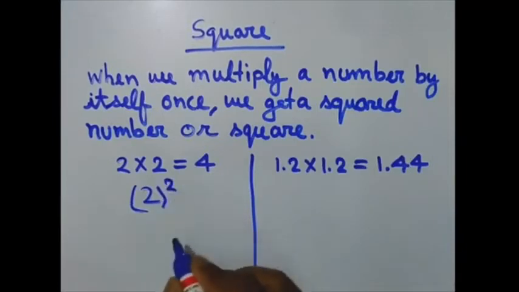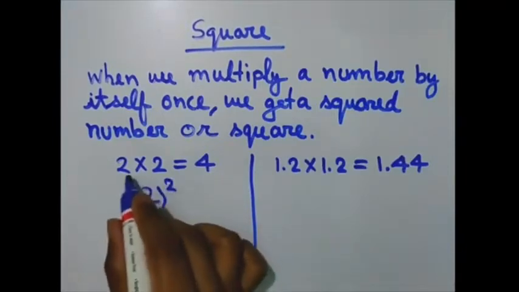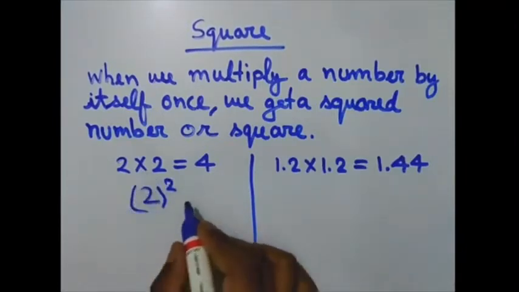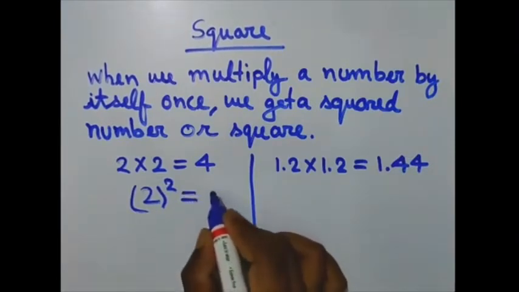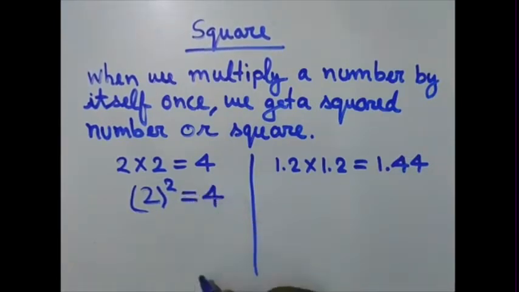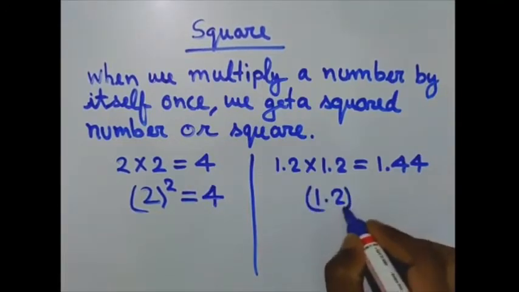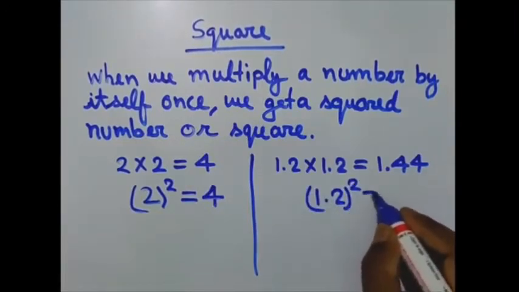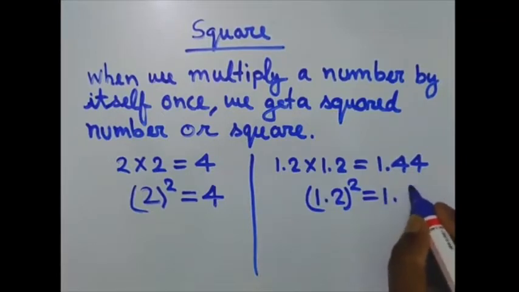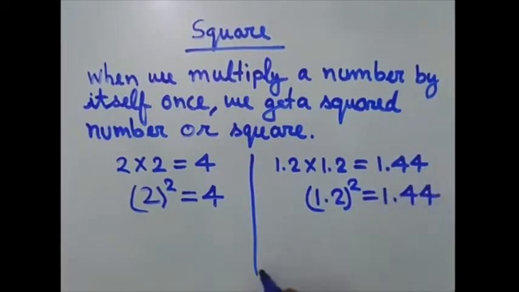So we can indicate 2 square to show that 2 is multiplied by itself once, which will give us 4. And here we can show 1.2 square will give us 1.44.